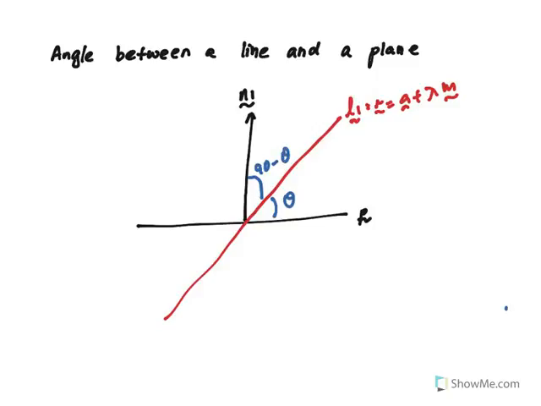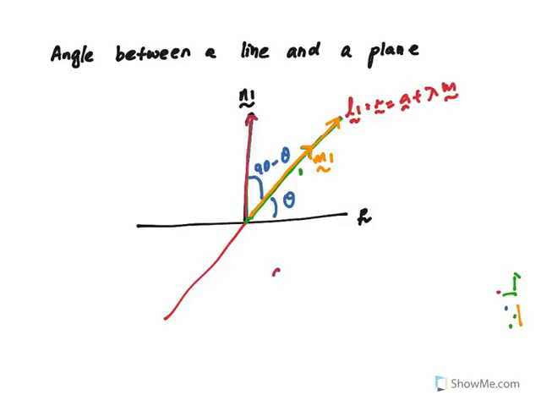Now, if you just look at these two lines, the normal and this line here, the line can be represented by a direction vector m1. So to find the angle between two vectors, it becomes very easy. Suppose I want to find an angle between these two vectors, m1 and n1, the normal vector.